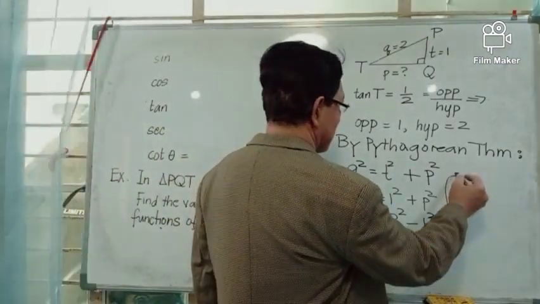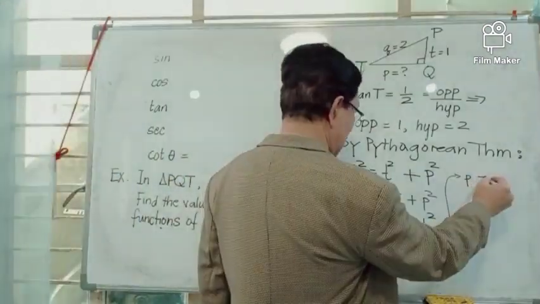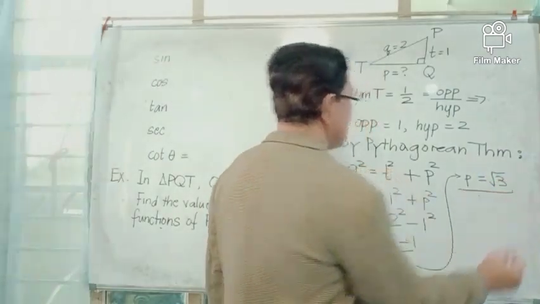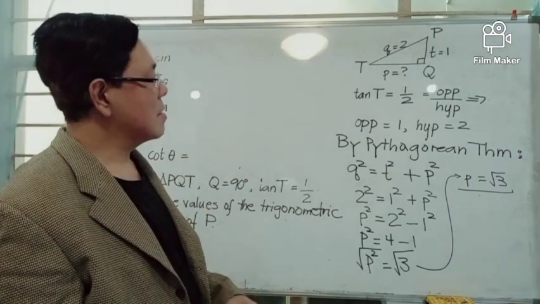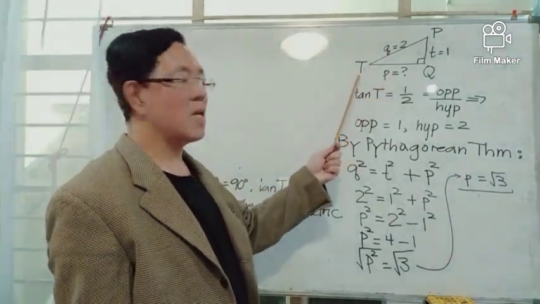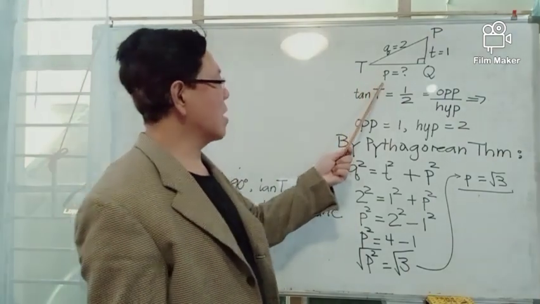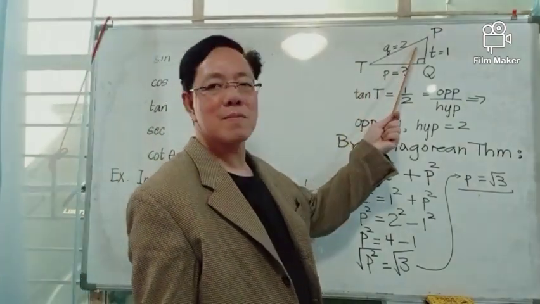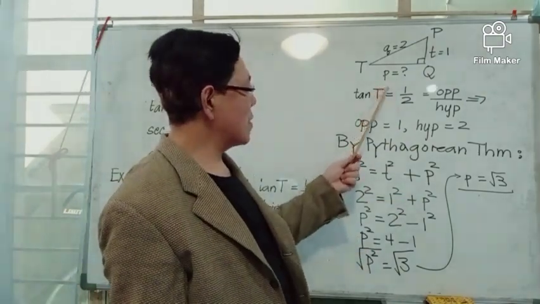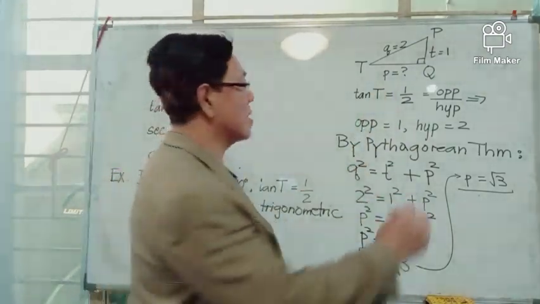And we get p equals square root of 3. And that's the side adjacent to the acute angle P, or the side opposite the acute angle P. We now write square root of 3 in the diagram.